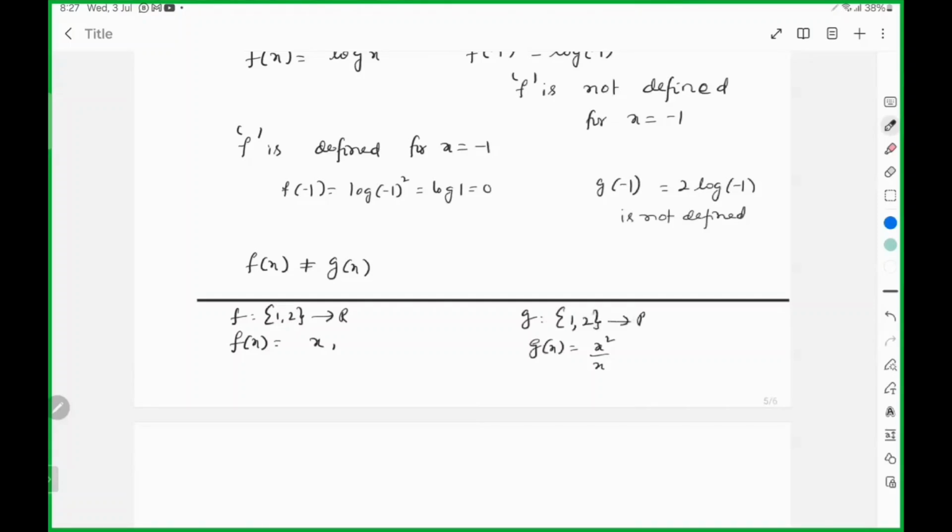If you take input where the function is defined, in this case when x is 1, here also when x is 1, 1, when x is 2. That means they should be defined the same and their domains must be the same. Then only we say f and g are equal functions.